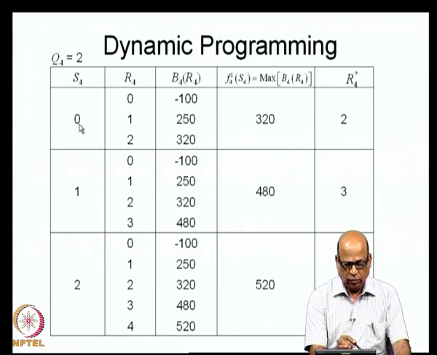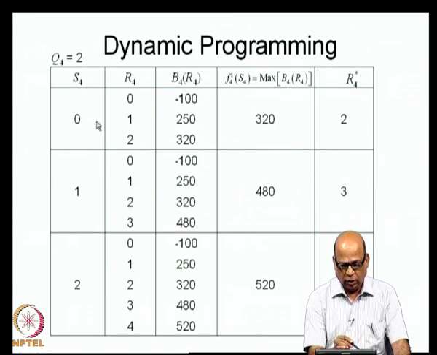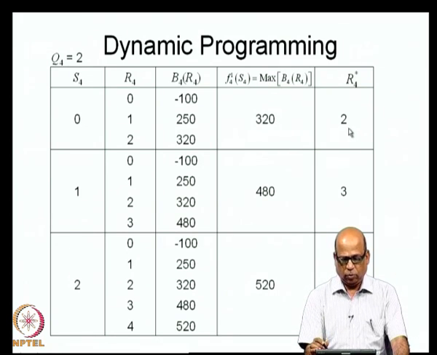So, if S 4 is 0, R 4 can be 0, 1 or 2, because the total water available is 0 plus 2. So, you can either release 0 or 1 or 2. If you release 0, you get a benefit of minus 100, 1 250, 2 320 etcetera, and you obtain the maximum of these, and that corresponds to R 4 is equal to 2.